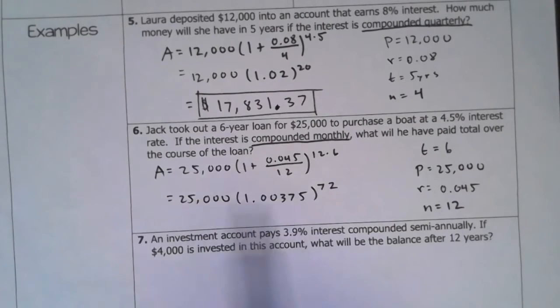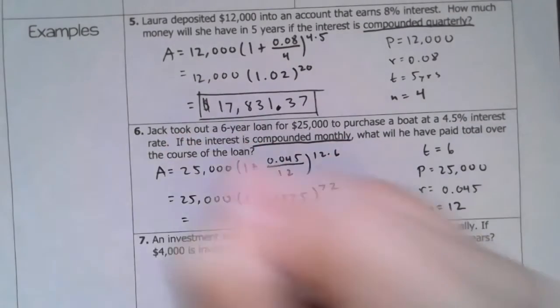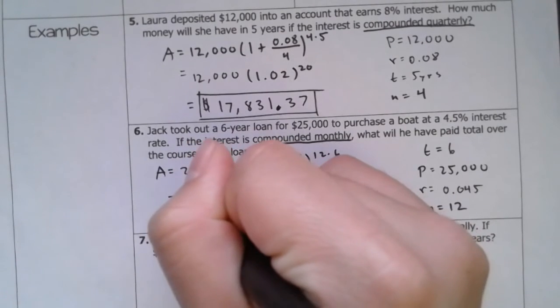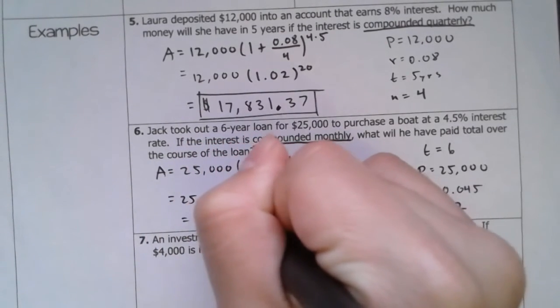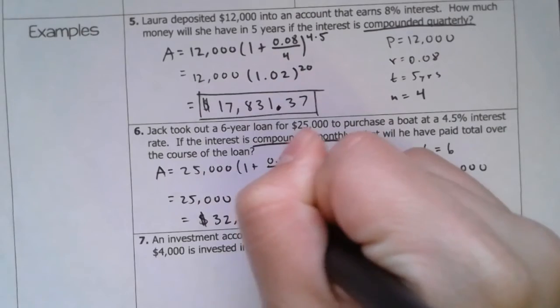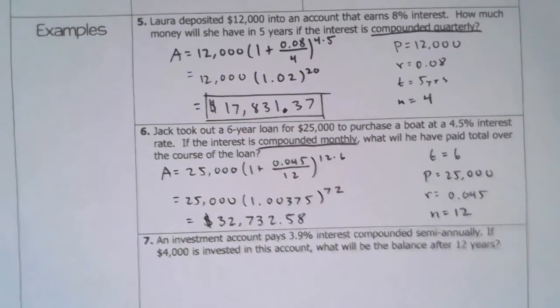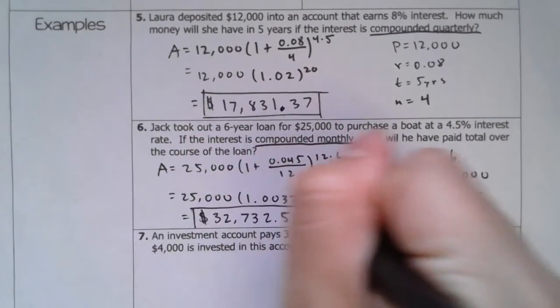And now put that in your calculator, and you're going to get 32,732, and we're talking money, so dollar sign, 5.58, and that's going to be your final answer.